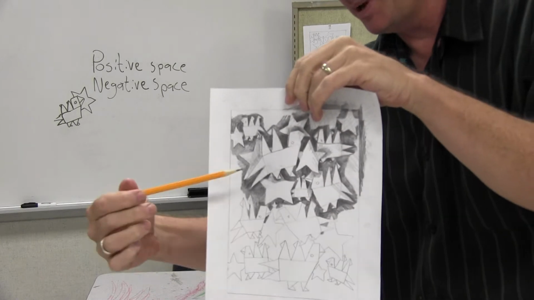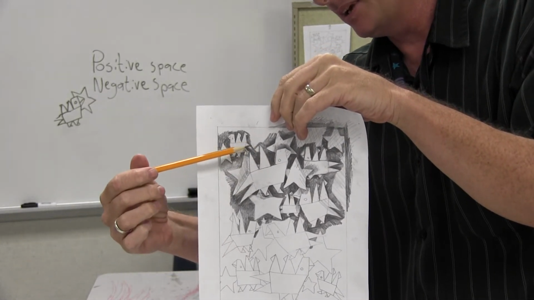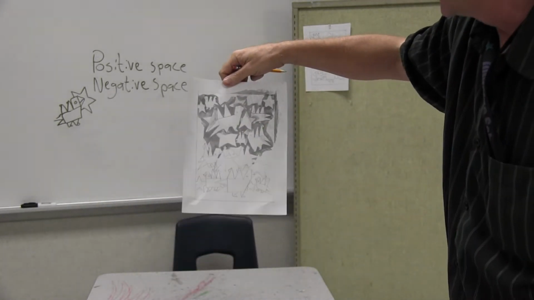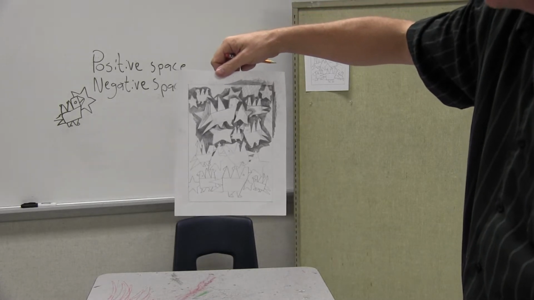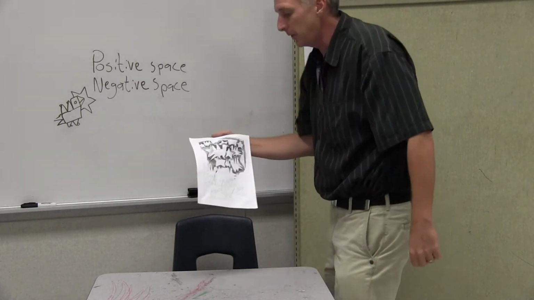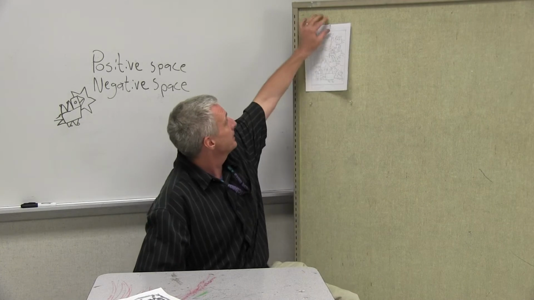So the positive space here is this bird and the area around it being the negative space. And what I'm doing is darkening in the negative space and leaving the positive space kind of light. But there's a little more to it with this little project. So I'm also using a little overlapping here.